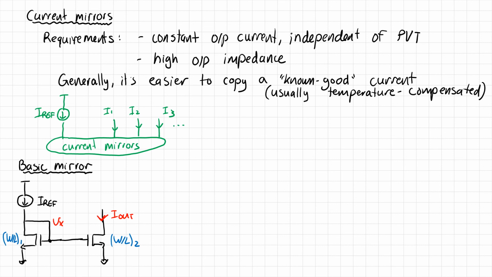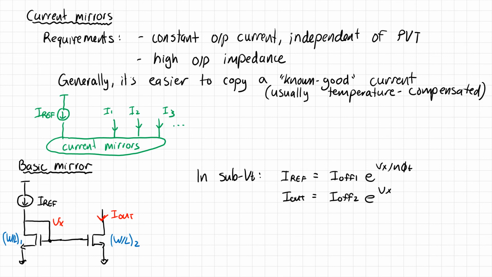Let's analyze what happens here in subthreshold and see if we get the same kind of thing happening in subthreshold as we would in above threshold. So in subthreshold, we can say that the reference current, Iref, flowing through transistor M1, is equal to I off 1 times e to the Vx over n phi t. Likewise, I out is equal to I off 2 times e to the Vx over n phi t.